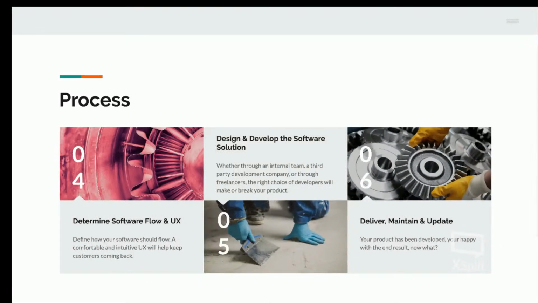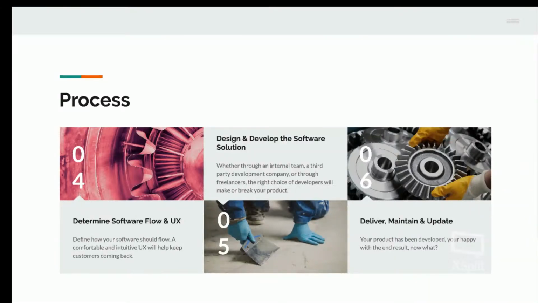Number 6 is deliver, maintain, and update. And this is one that we tend to be blind to because we're so engrossed in getting our product out into the market that we're not really thinking about how we're going to maintain our product. We're going to talk about why, once your product is developed and released, that's just the start, right?